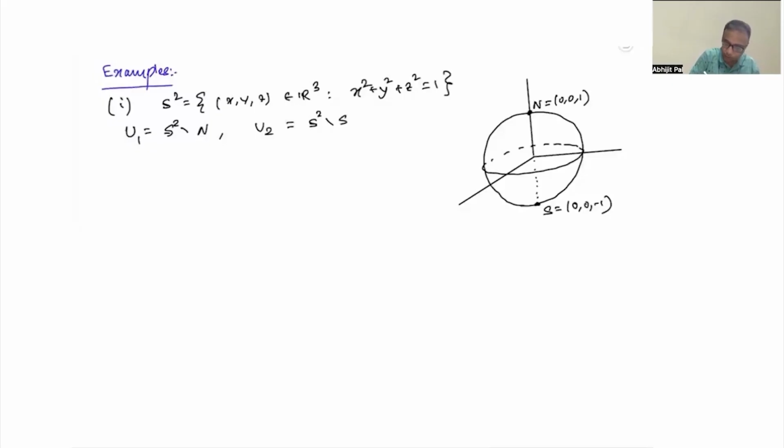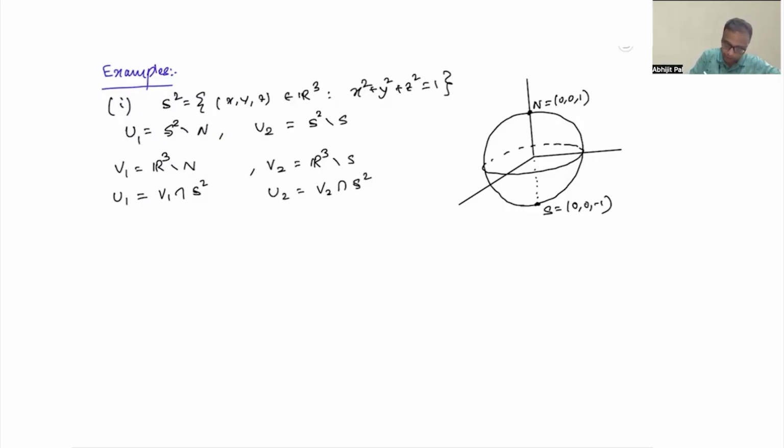You can think of U1 as follows. If you take B1 to be R3 minus the north pole, then U1 is basically B1 intersection the sphere S2. Similarly, if I take B2 to be R3 minus the south pole, then U2 is B2 intersection the sphere S2.